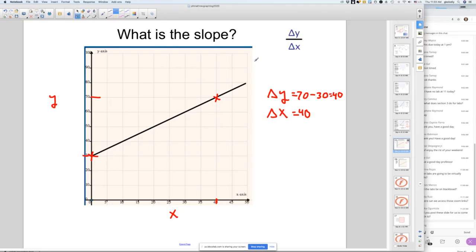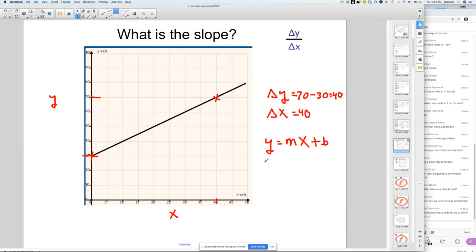Now, this is a little bit different. This is a straight line, yes, but the line does not go through the origin. If it goes through the origin, then whatever you're graphing on the y-axis is equal to the slope times whatever you're graphing on the x-axis. But if it doesn't go through the origin, you have to add that number. We call it b, the number at which this crosses the y-axis. In this case, that's 30.